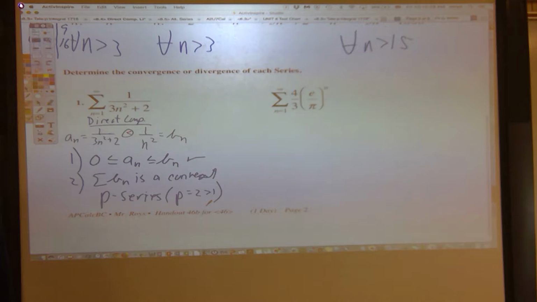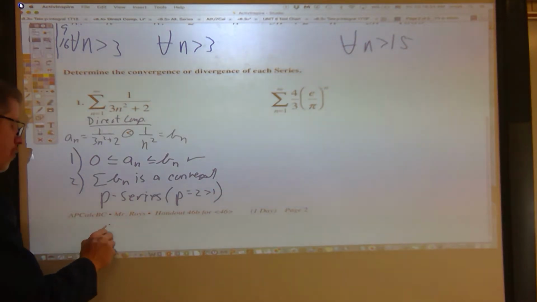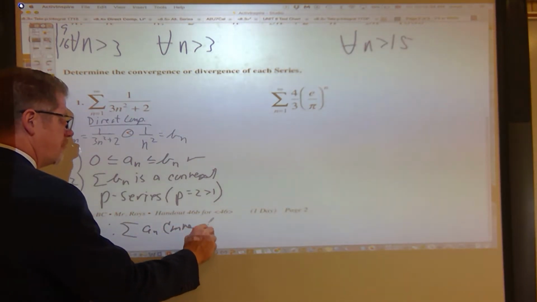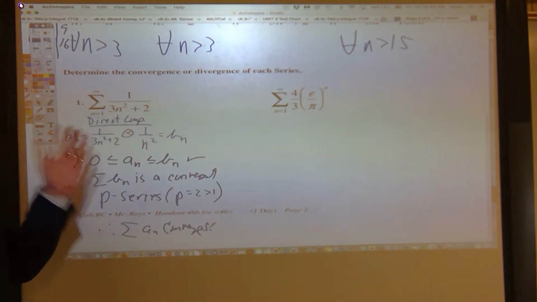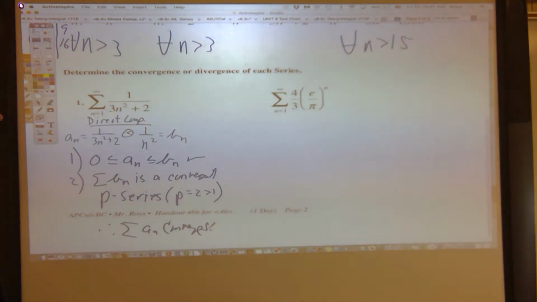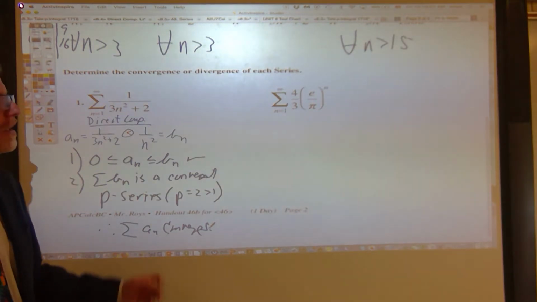That's a parenthetical mini justification. It shows me that you remember your p-series categories. Therefore, series a sub n converges. That's our first example of direct comparison test. Does anyone have any questions on this proof that the series converges by direct comparison?